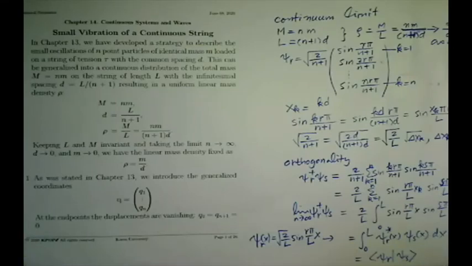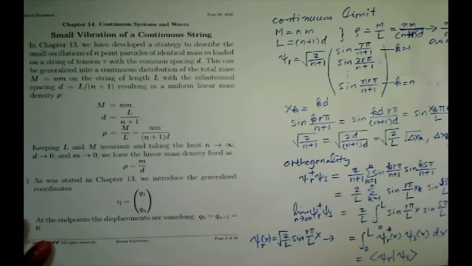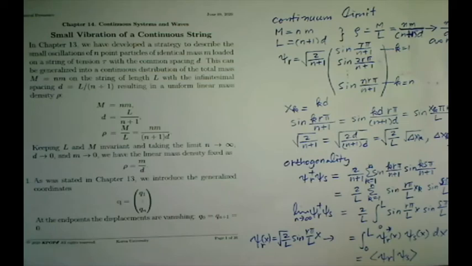Okay, let us study chapter 14. This is the last chapter of this course, and we arrived at the position to study the classical field theory. In the previous chapter, we have studied the normal modes behavior of the loaded string with the arbitrary number of beads distributed on a string with equal spacing.